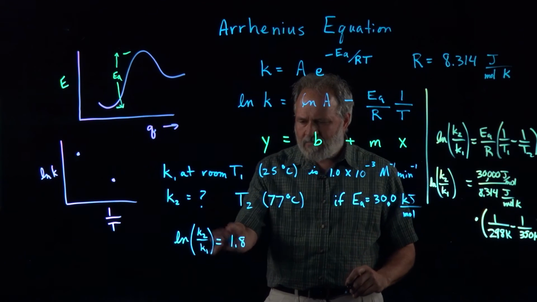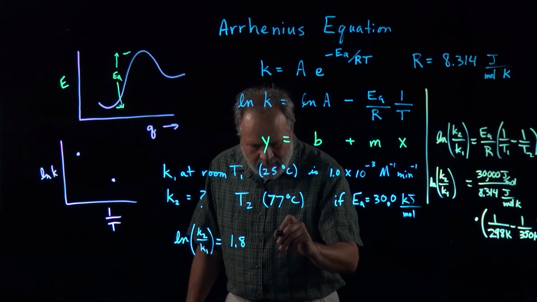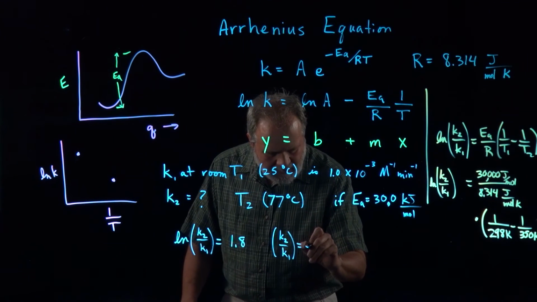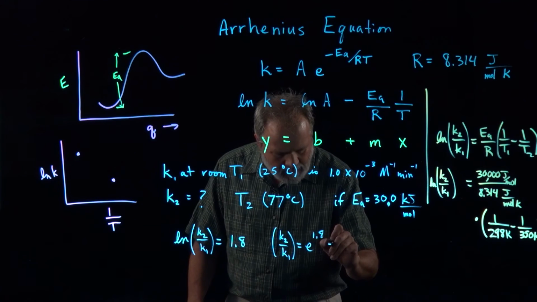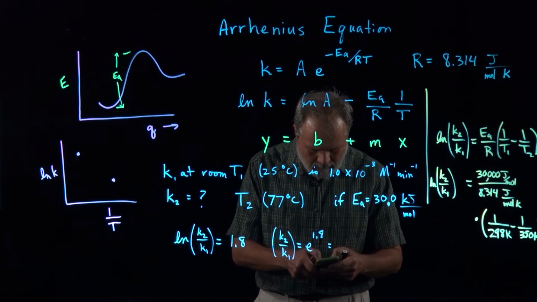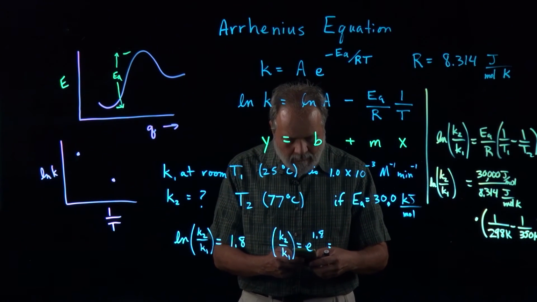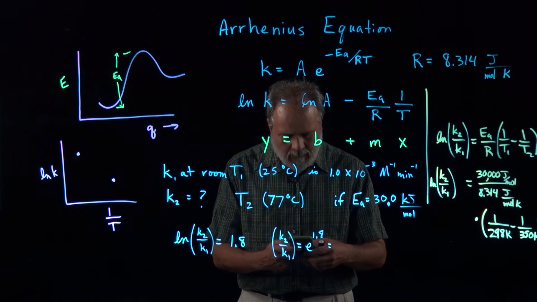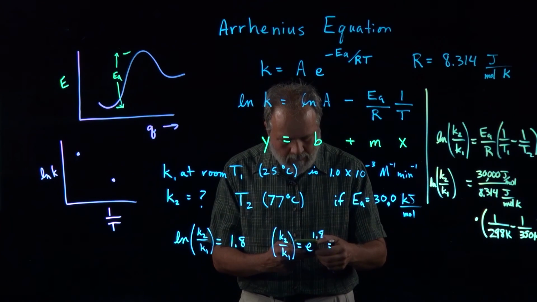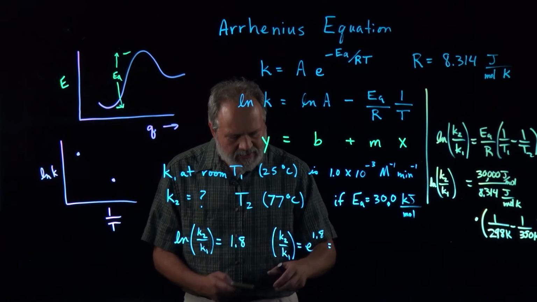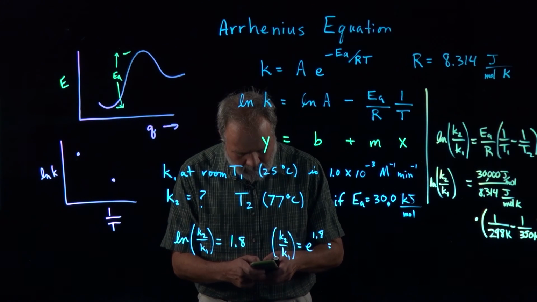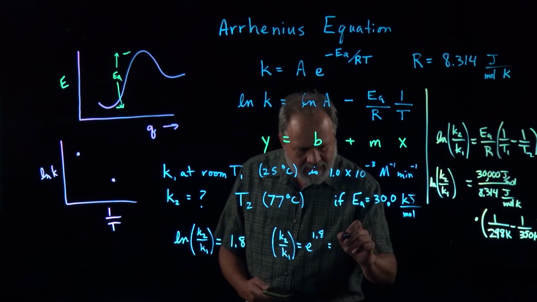Okay, so if the log of something is equal to 1.8, then that something is equal to e to the 1.8 power. So let's do e to that power. And we get 6.